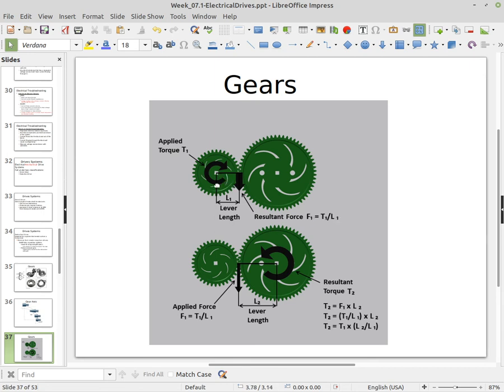So if you take a smaller gear and drive a larger gear, you get this ratio down here, where the torque of the second gear is equal to the torque of the first gear times the length of the second gear divided by the length of the first gear. And so you can very easily double your torque by doubling the size of this second gear. So we can double our torque.